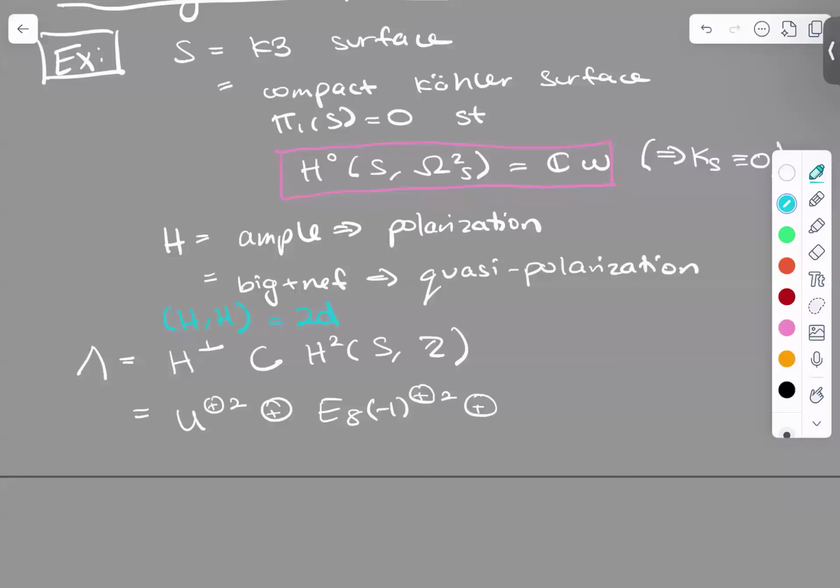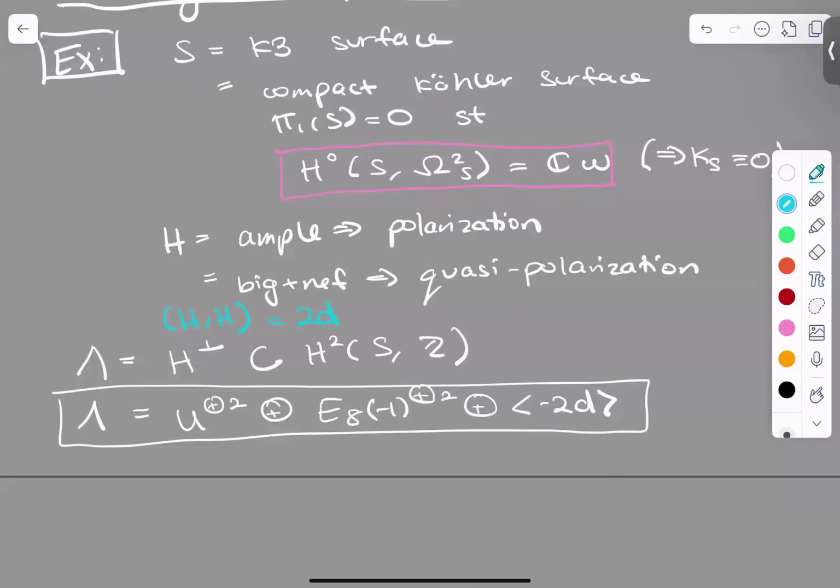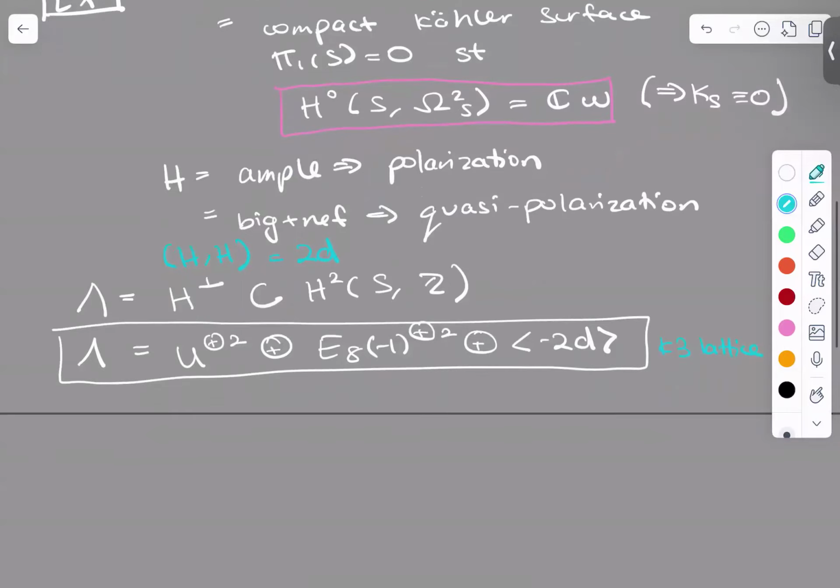And so the final part of my lattice encodes what this 2D is. So this right here, this lambda, given by taking this perpendicular of my chosen quasi-polarization, is called the K3 lattice.